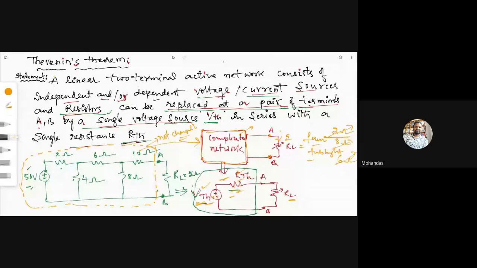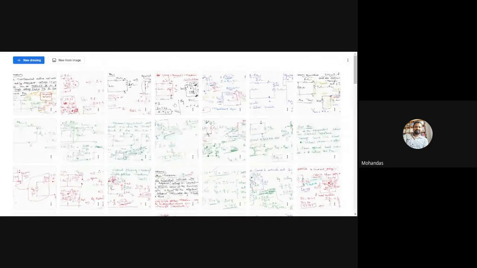First point, procedure to calculate V Thevenin. V Thevenin means Thevenin voltage. Procedure to calculate the Thevenin voltage.